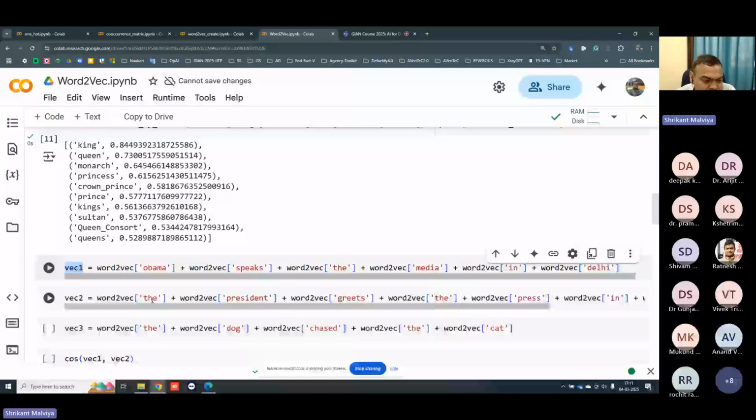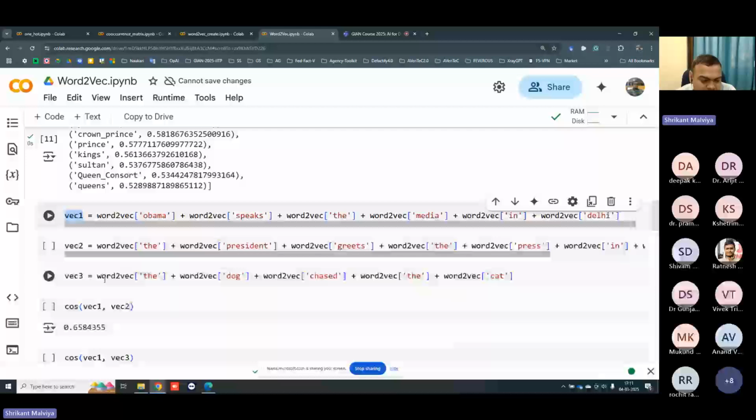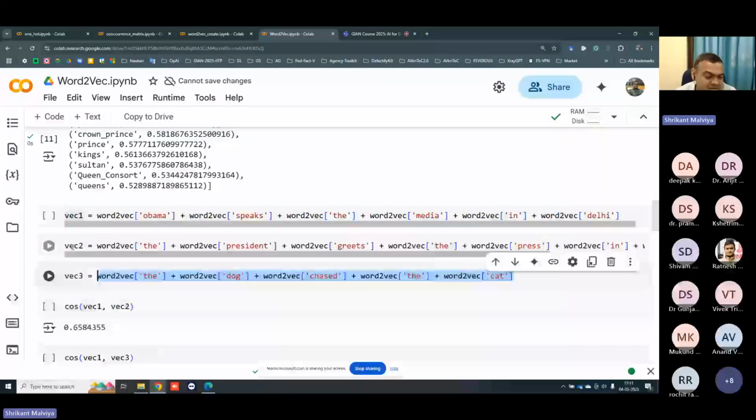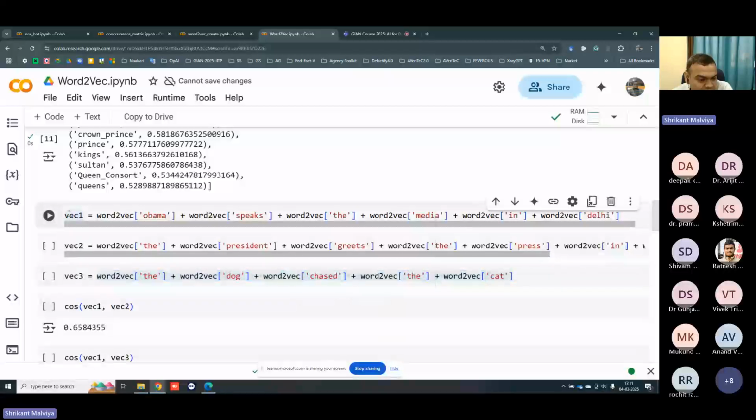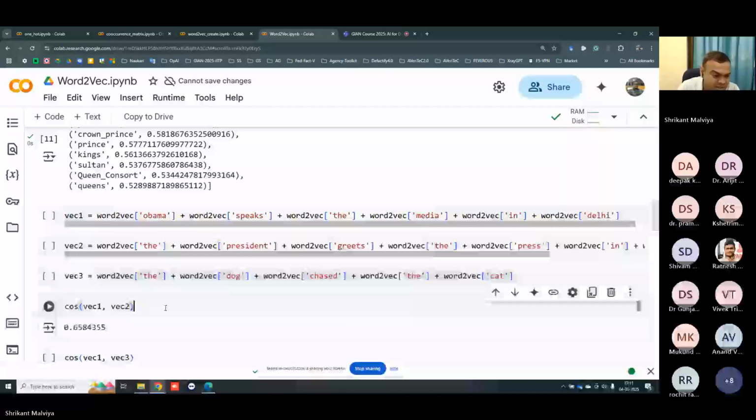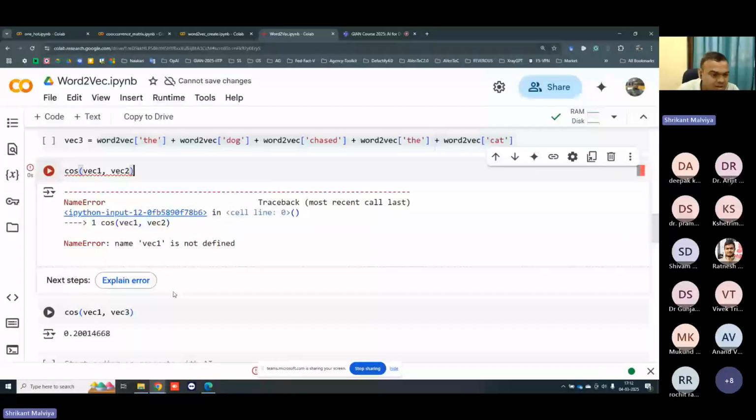And the third is the representation of the sentence "The dog chased the cat." If you find out these word vectors and the cosine similarity, you will observe that it carries some useful information. Obviously vector 1 and vector 2 should be closer, and if you find out the cosine similarity... sorry, they need to be executed first.